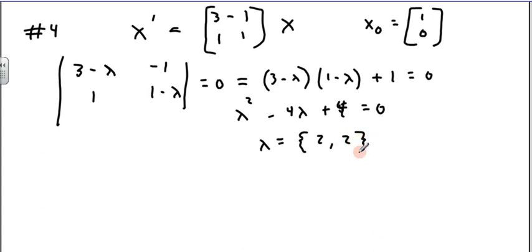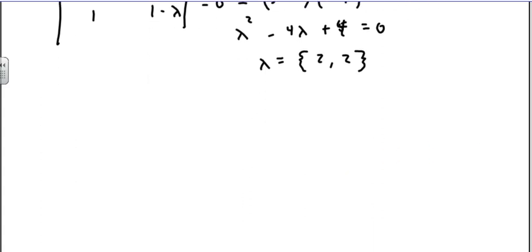Okay, well that is a horse of a different color. Now I have two lambdas that are the same, and the issue is, how am I going to handle that? Well, we'll find out. Case 1. Lambda is equal to 2.